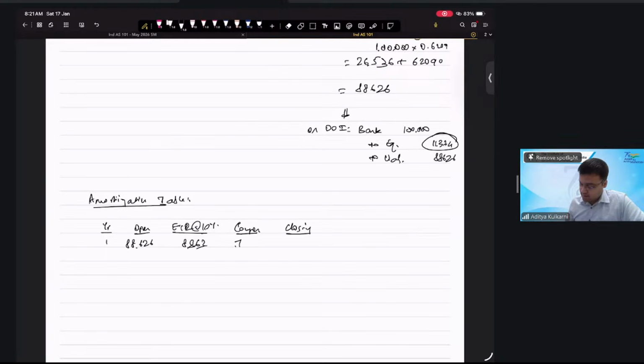Coupon is 7,000. Closing 90,489. Year 2, closing 92,538.